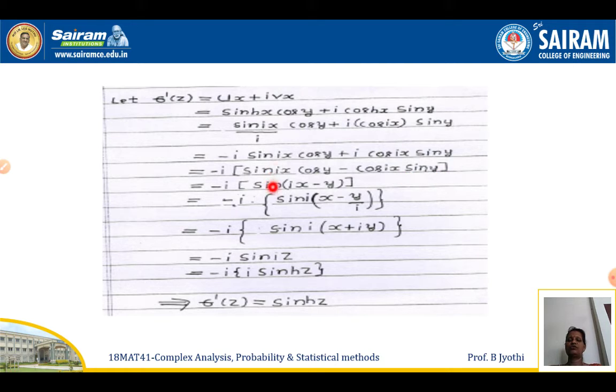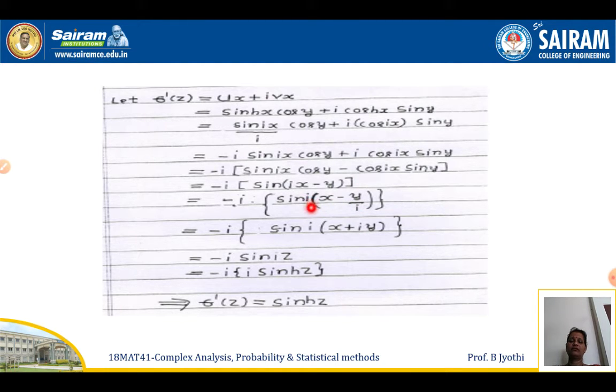By using the formula sin a cos b minus cos a sin b, sin of a minus b, where minus i remains the same, so sin of ix minus y. Let minus i be as it is, and this can also be written as x minus y by i.